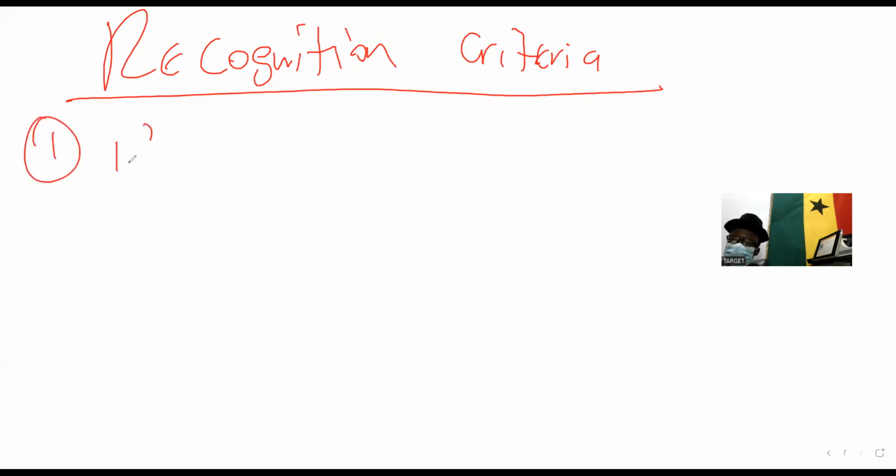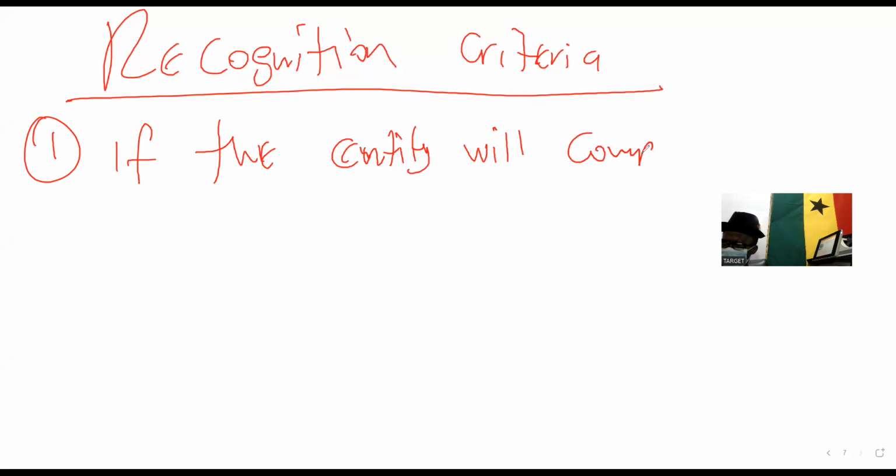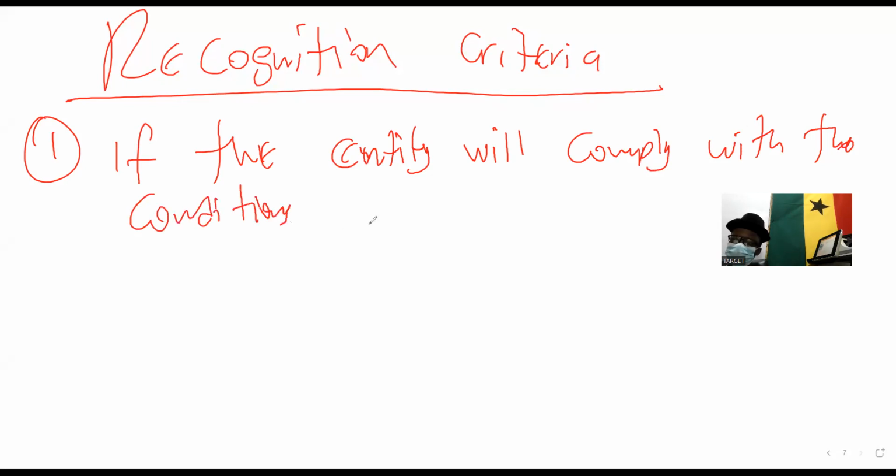Condition number one: if the entity will comply with the conditions attached. You see, conditions attaching to the grant.